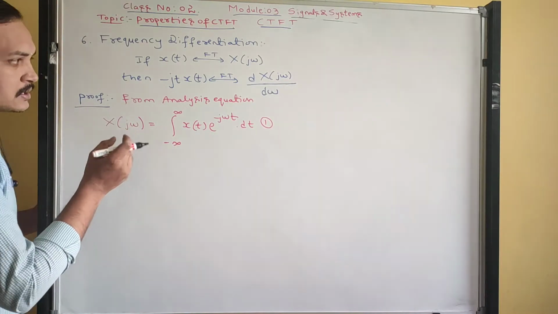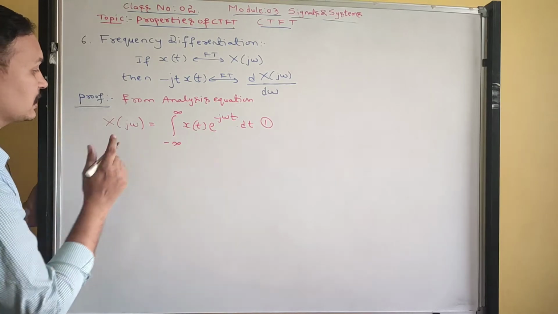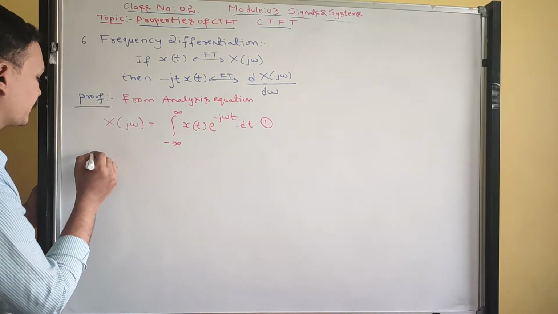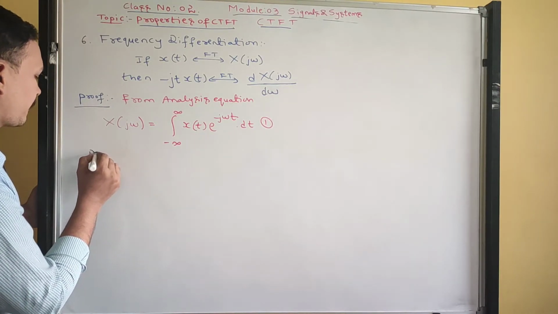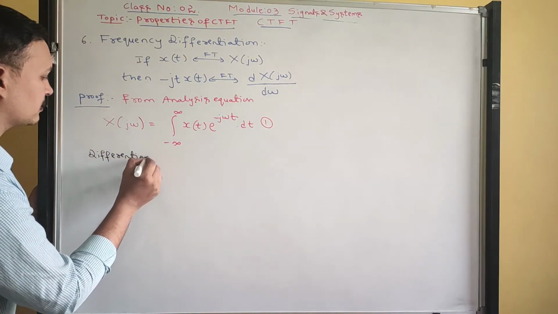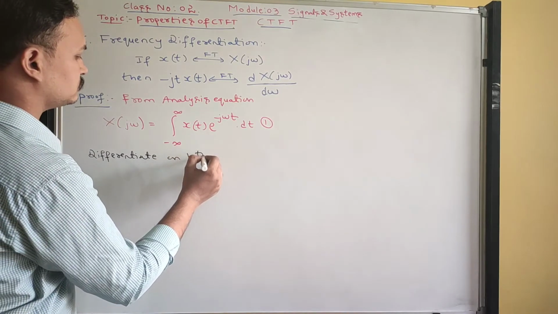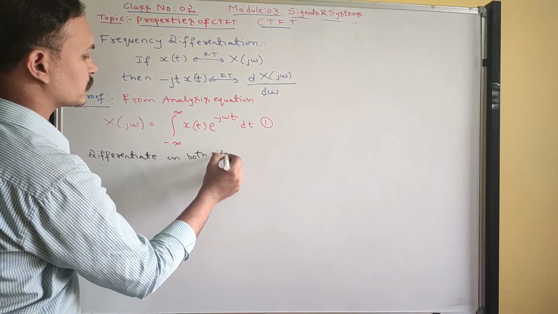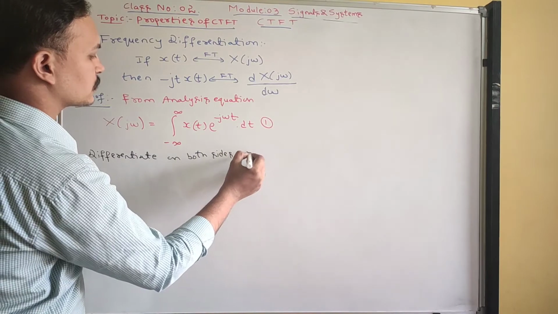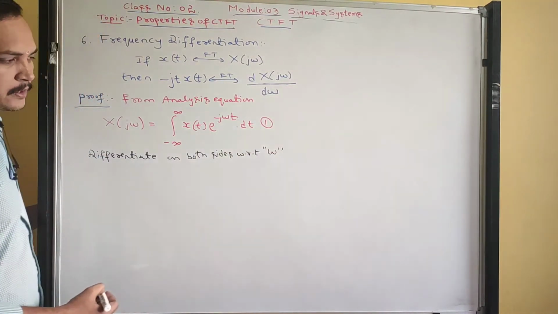Now this is the analysis equation. Now differentiate equation 1 on both sides with respect to omega.